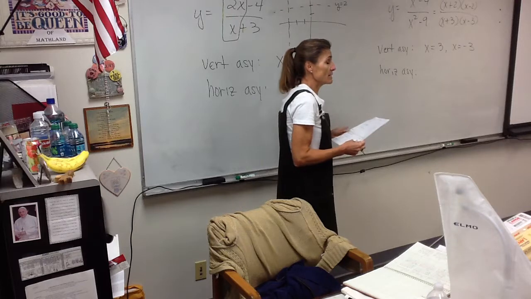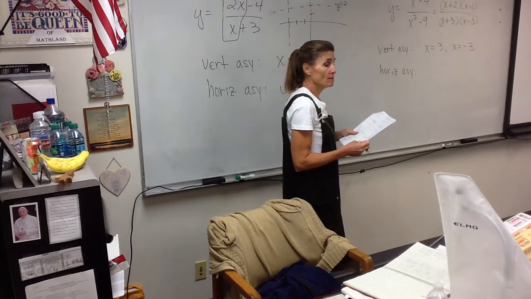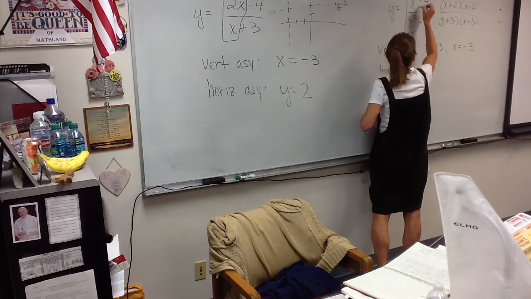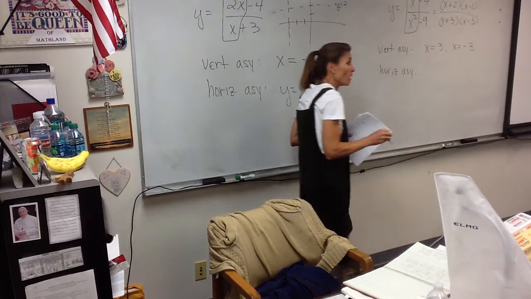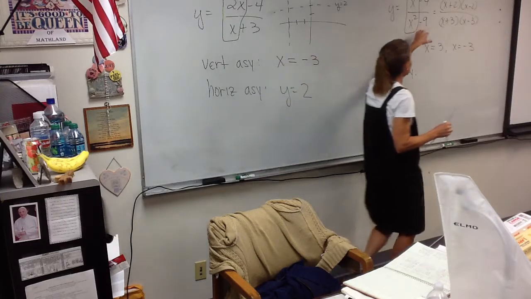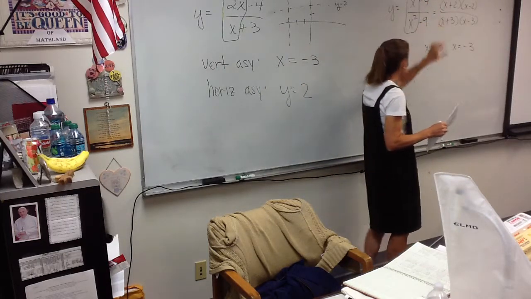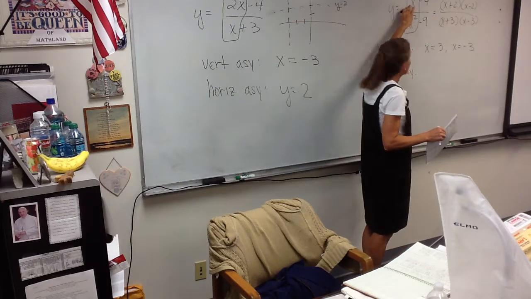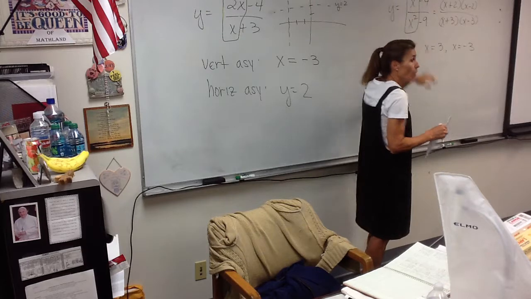Now the horizontal, that's the new piece we're adding today. It's a little bit tricky. Your horizontal asymptote, look at the x squareds in the beginning of the problem. Remember, we look at the biggest power we have. We ignore the numbers. We only look at these. So what do we have? Y equals 1.